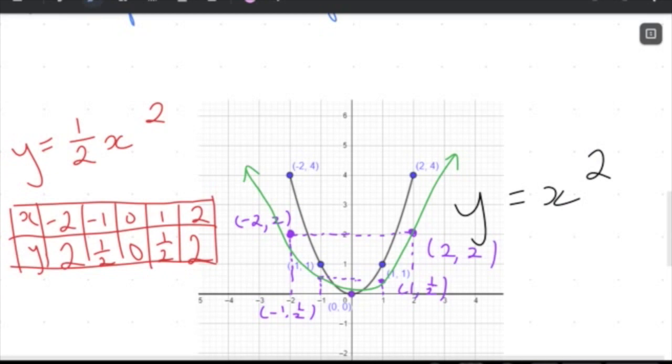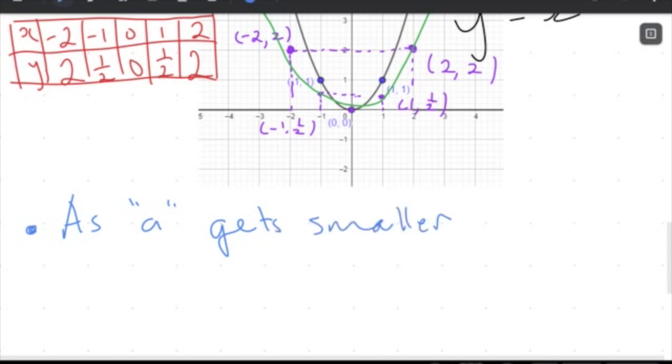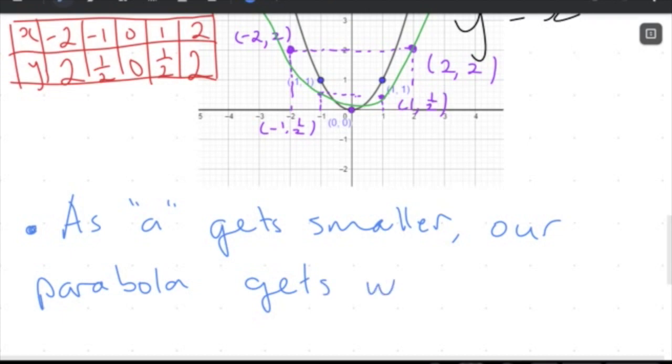So let's write down this second observation. As a gets smaller, our parabola gets wider.